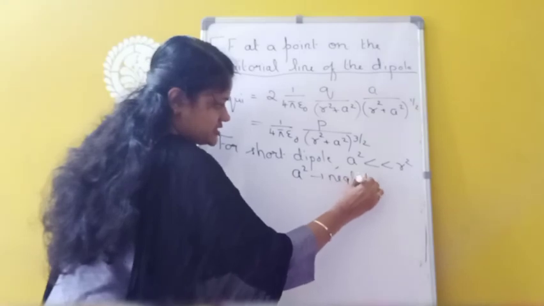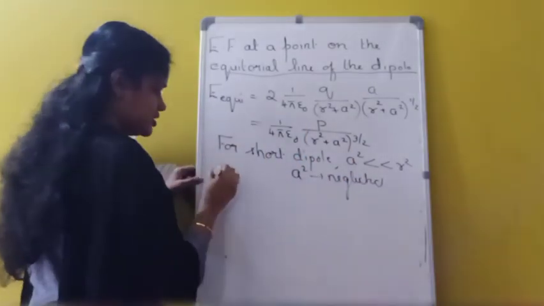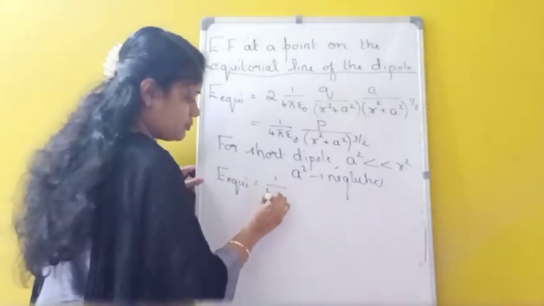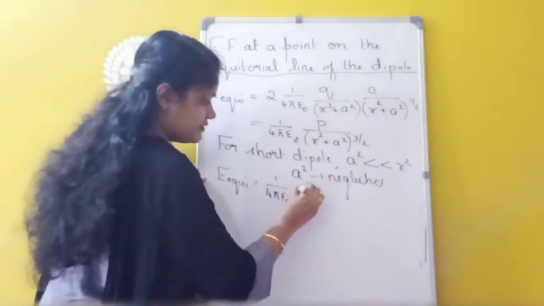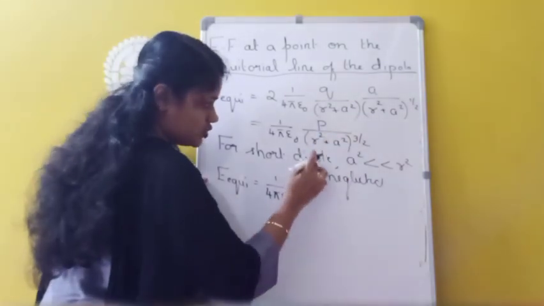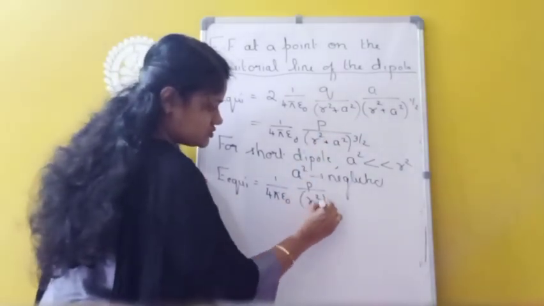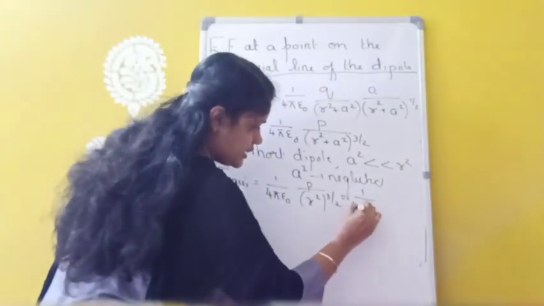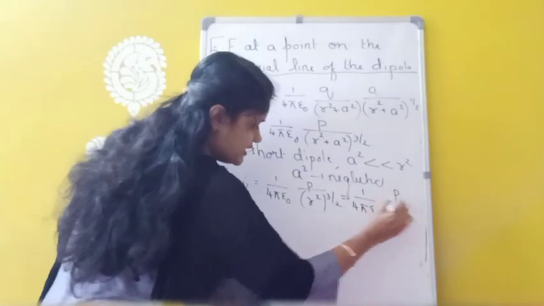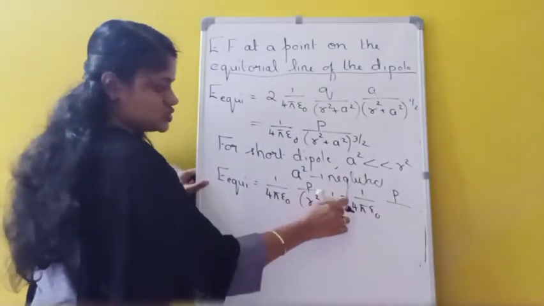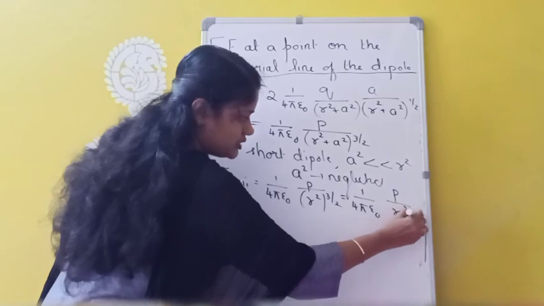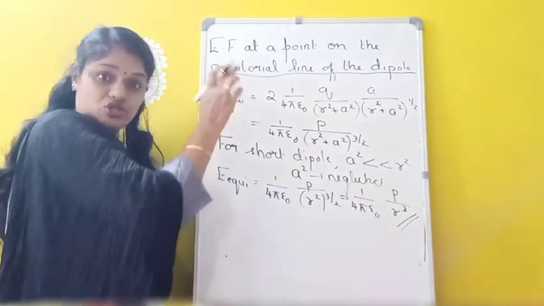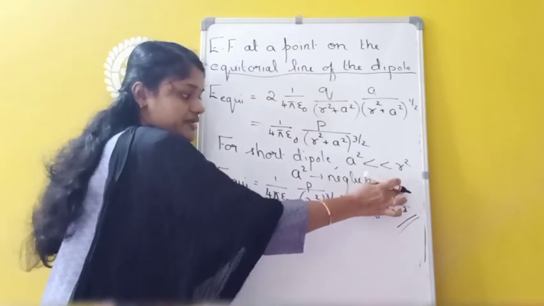So E equatorial can be written as 1 by 4 pi epsilon 0 P divided by R square the whole raised to 3 by 2, that means the 2 cancels, remaining P by R cube. So this is the formula for the electric field at an equatorial point, 1 by 4 pi epsilon 0 P by R cube.